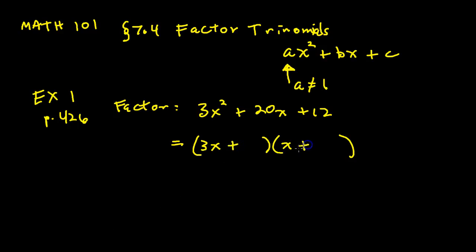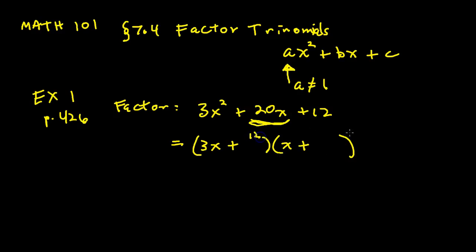Must be positive, positive. All right, I need factors of 12 here such that the inner and outer products are going to add up to a 20x. And really, that's the real battle here. We know the first product is going to be all right. The last products we'll make sure are positive 12. Well, let's see. What possibilities?